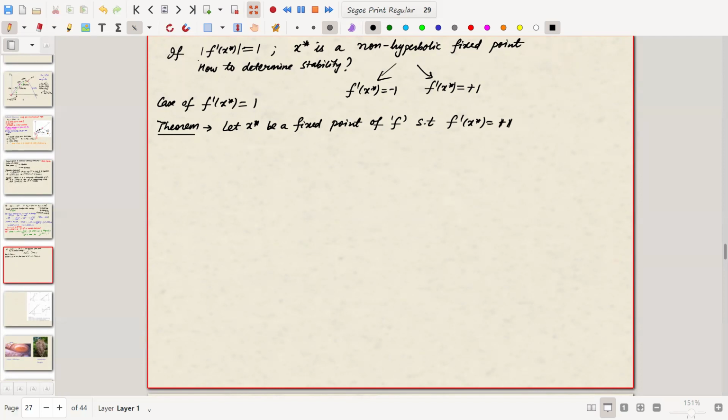And also you are assuming that the further derivatives of f are continuous. That means assume that f double prime and f triple prime, the third derivative, are also continuous at x star. Then the following statements hold.